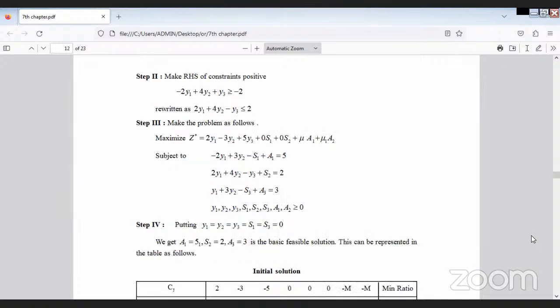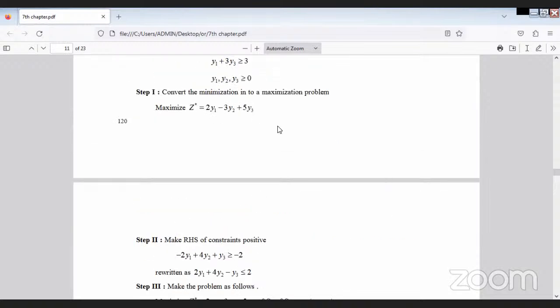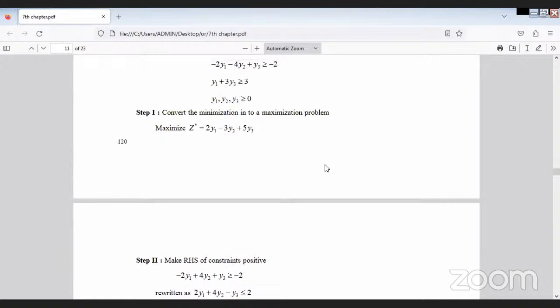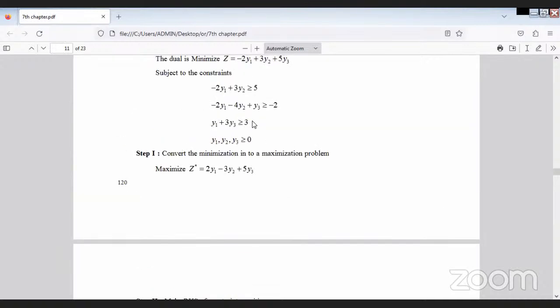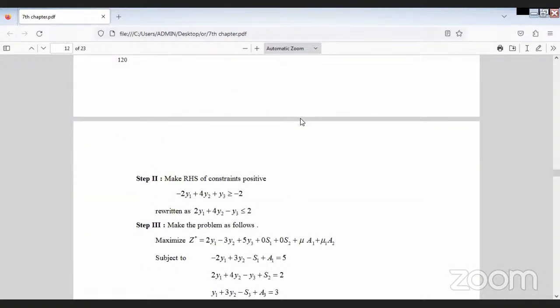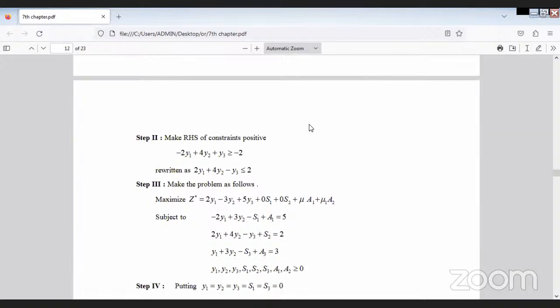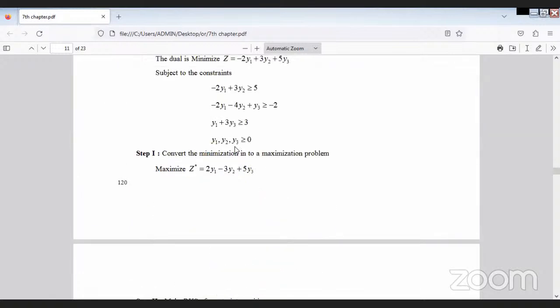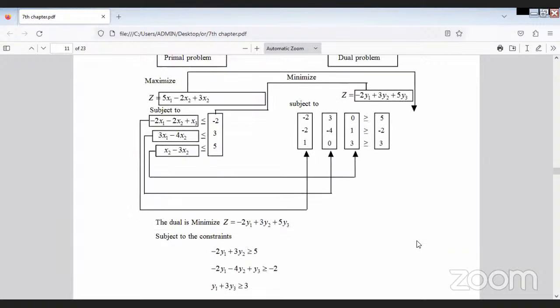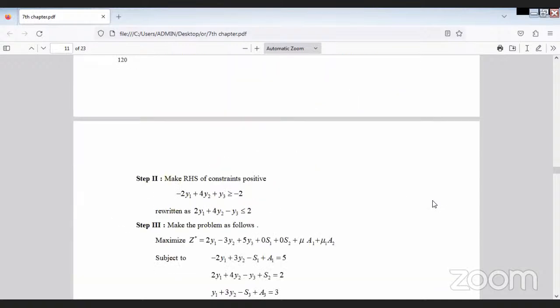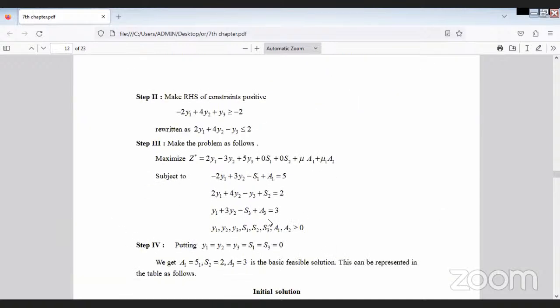Subject to the constraints: 2y1 plus 4y2 minus y3 plus s1. Then y1 plus 3y2 with the common term, y1 plus 3y2 minus s3 plus a3.